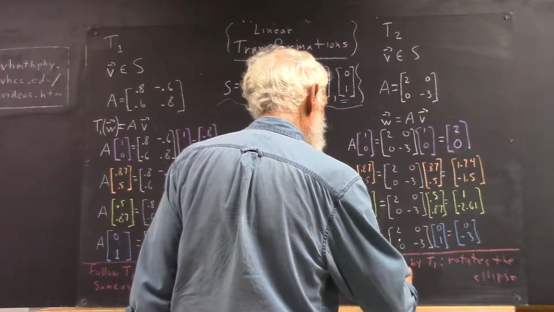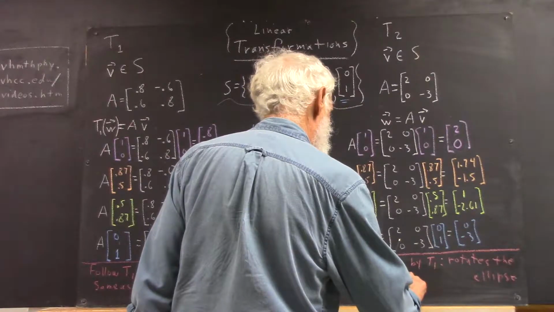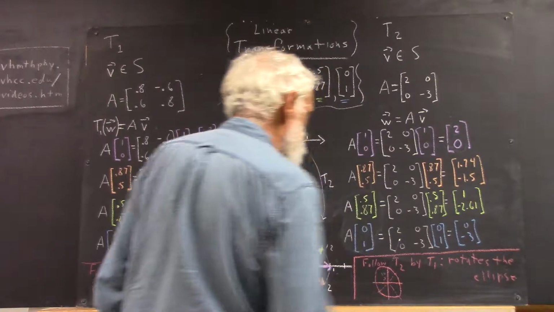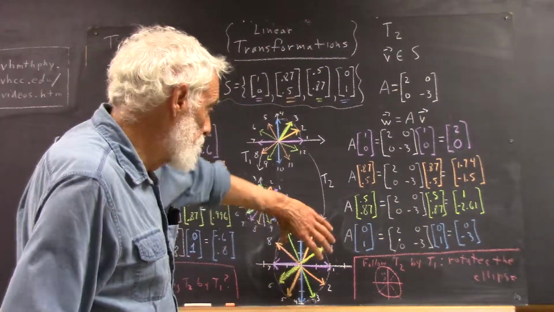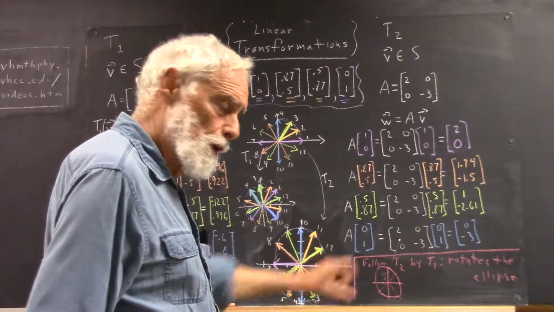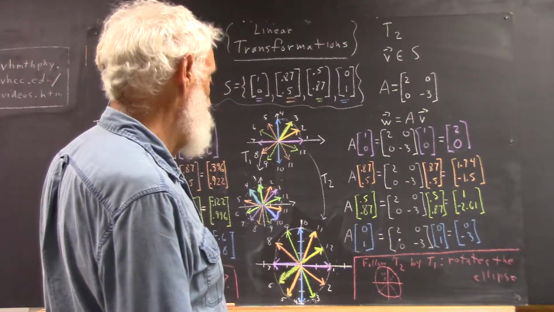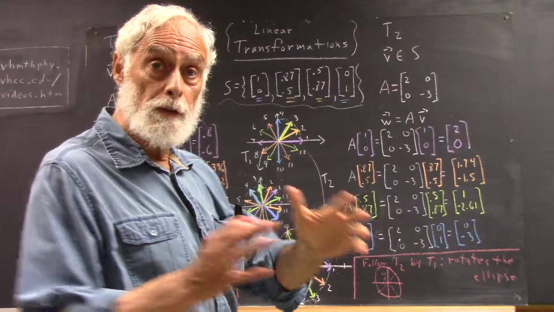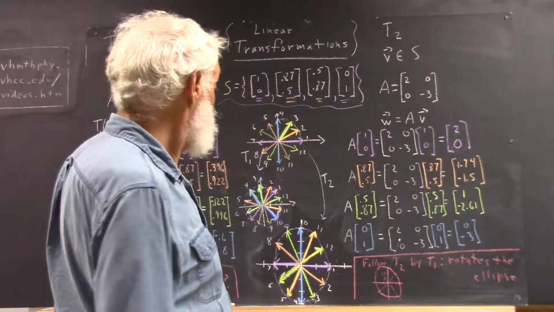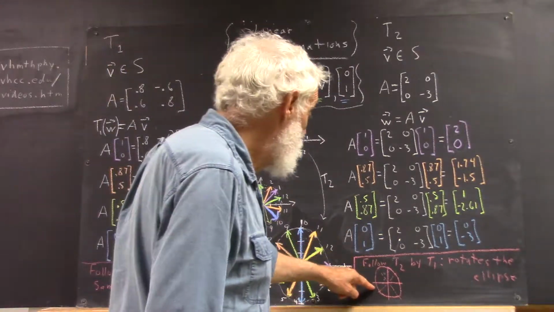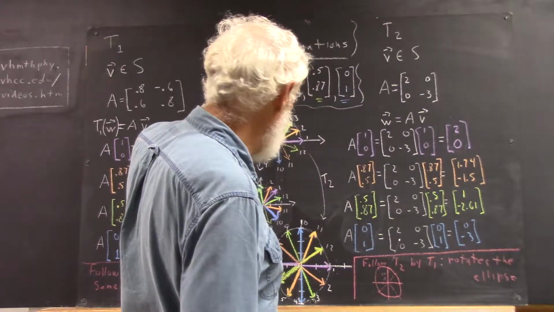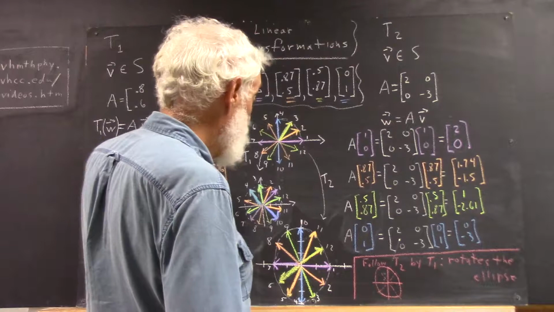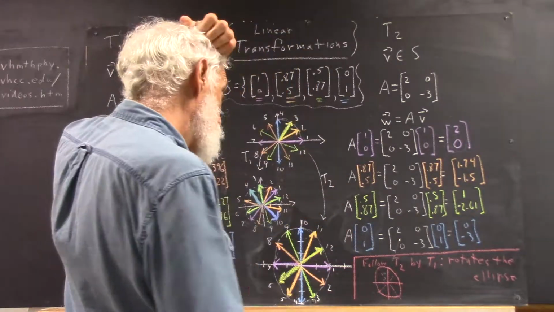So what we get is this ellipse, but rotated. Haven't drawn it particularly well. Okay? And there's a single matrix that represents the transformation of this to this. You don't have to do this one and then this one to get this one if you can do this.